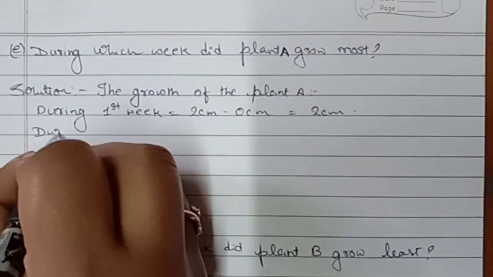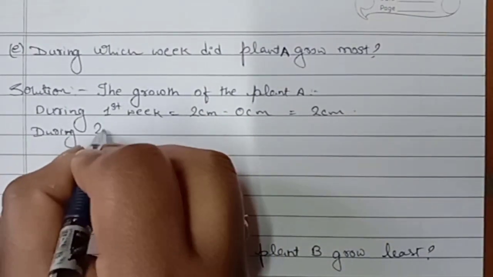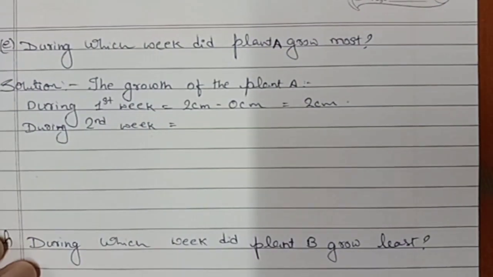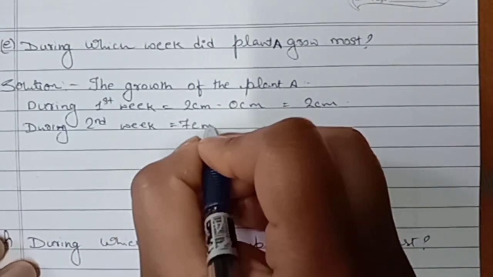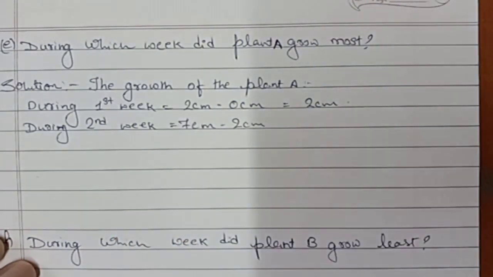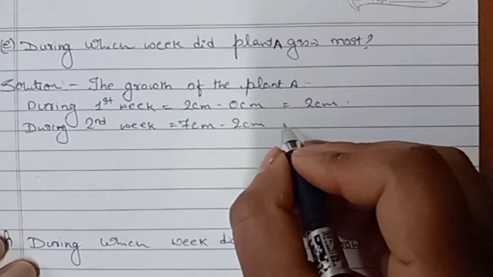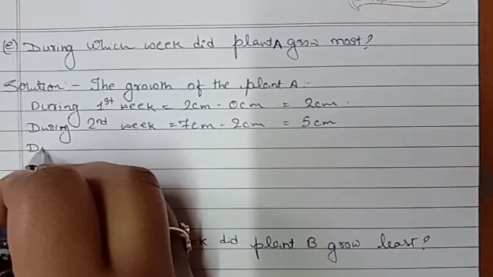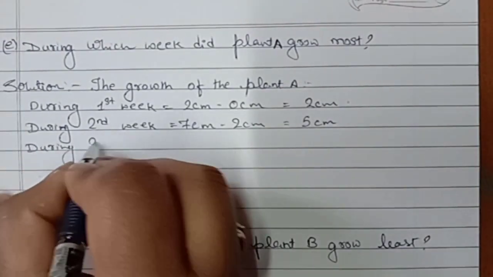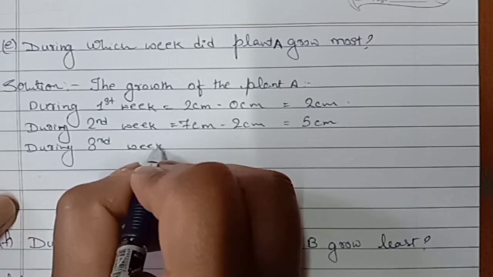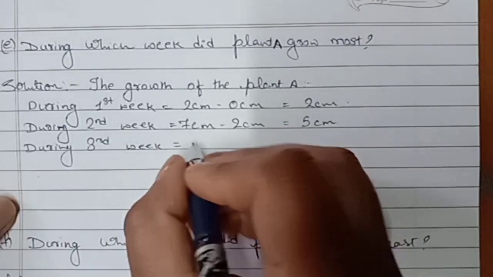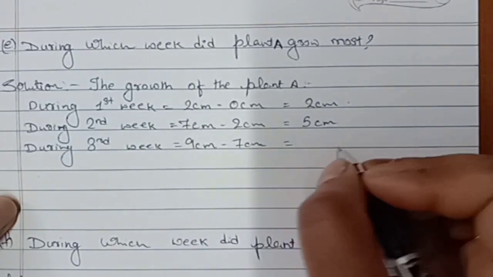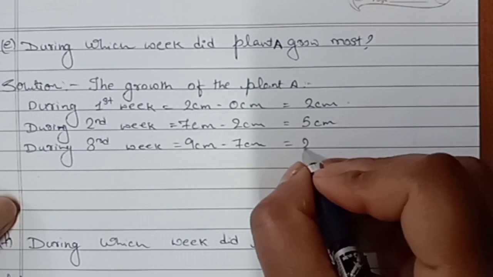During second week, it's 2 centimeter to 7 centimeter. So it will be 7 minus 2 is 5 centimeter. During third week, it grew from 7 centimeter to 9 centimeter. So 9 minus 7 is 2 centimeter.